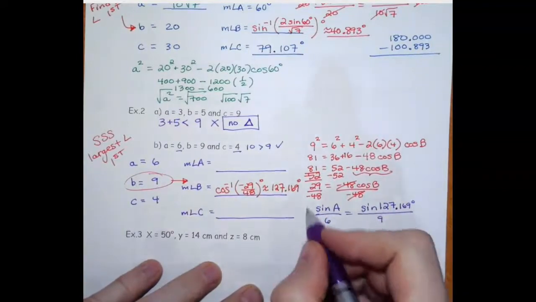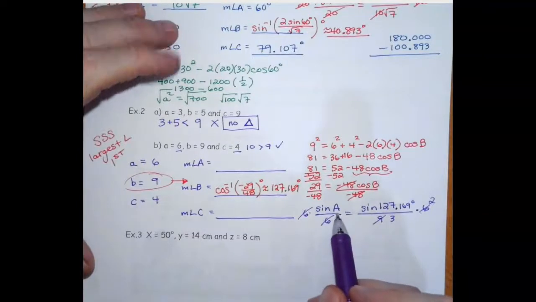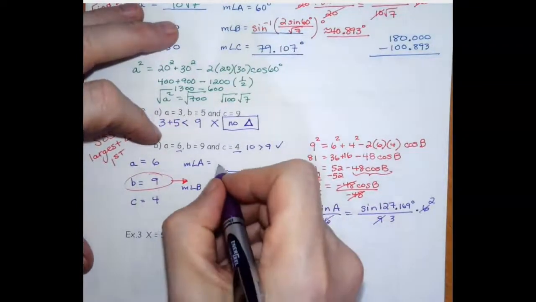So if we multiply both sides by 6, that reduces to 2/3. So we're trying to find angle A, so we would use the inverse sine.